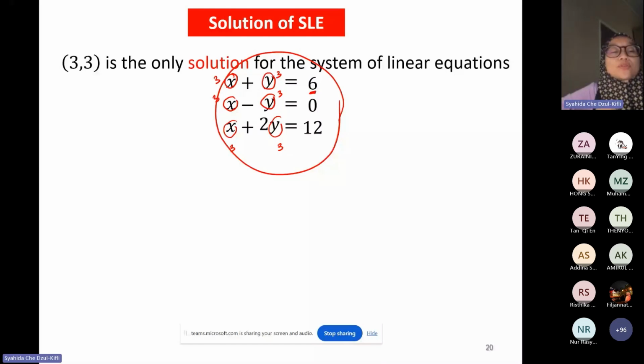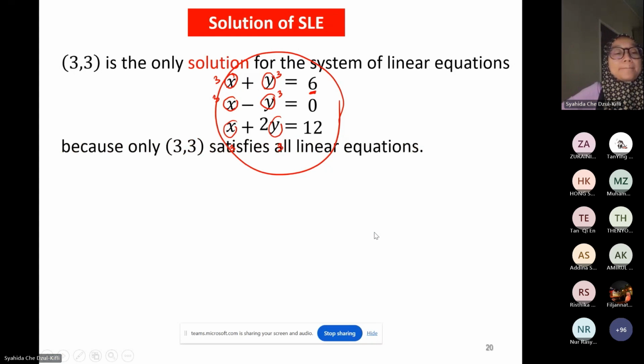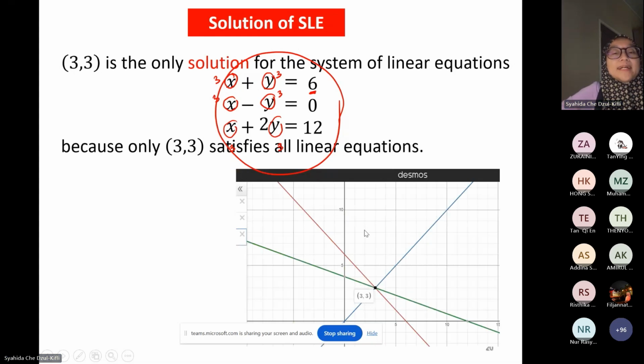So a solution of a system of linear equations is a sequence of numbers such that the sequence of numbers is also a solution for each of the linear equations in the system. Is that clear? (3, 3) satisfies all linear equations.